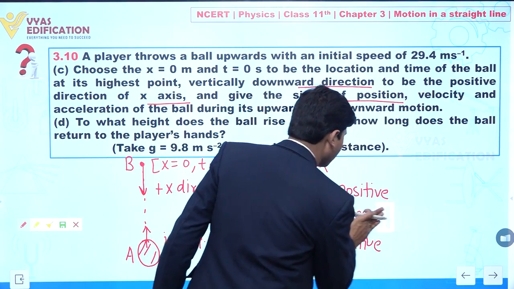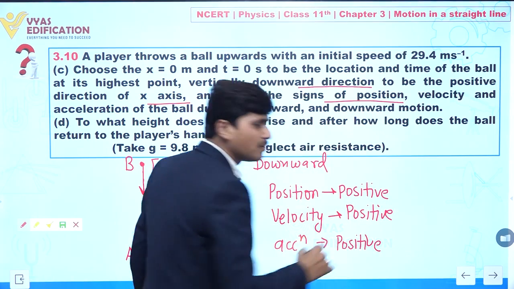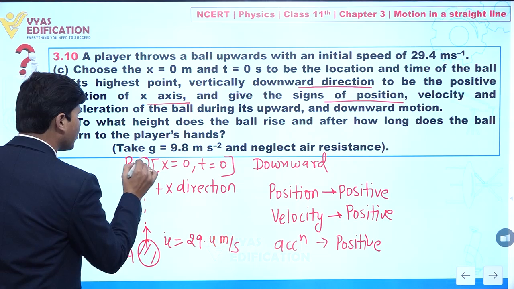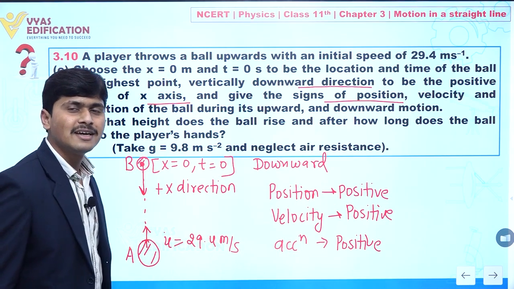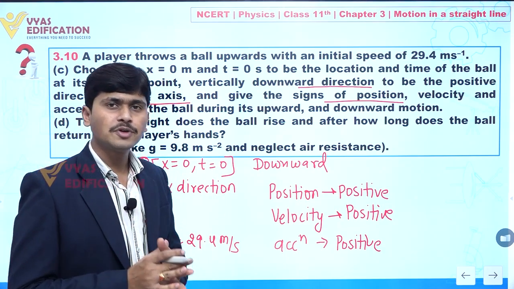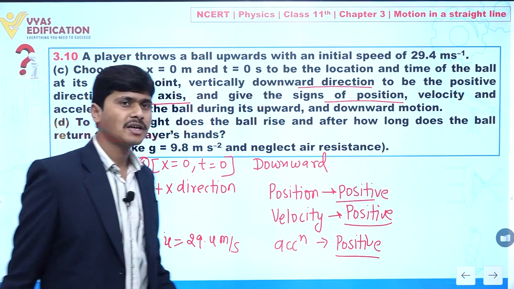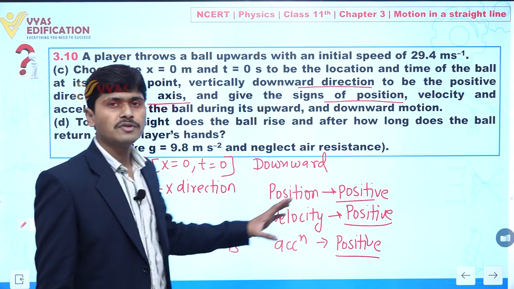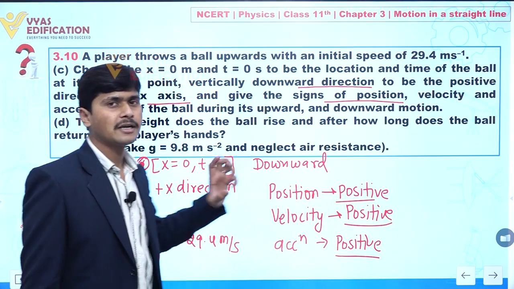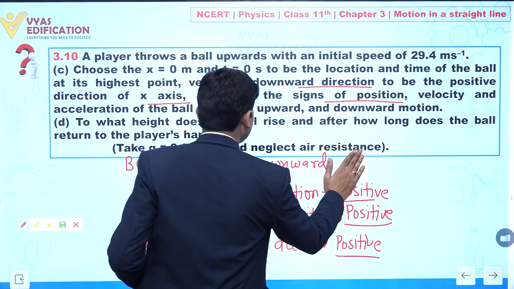Velocity is also positive, because the ball is moving in a downward direction and the velocity vector is in the same direction you have assumed positive. And acceleration is positive, so all are positive. Clear to you? So this is all about part C.